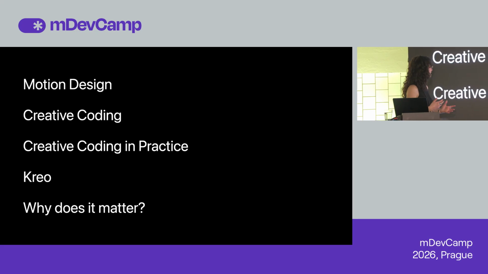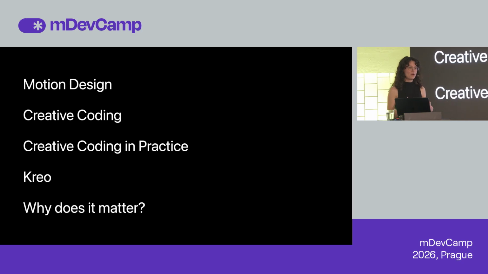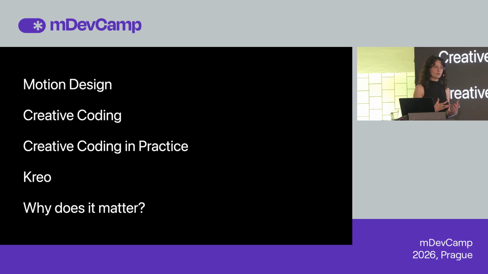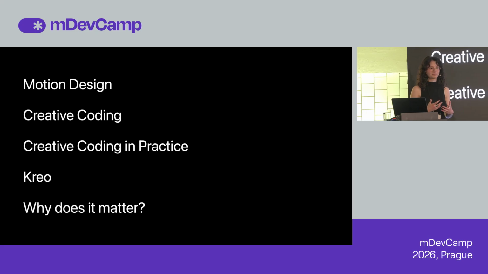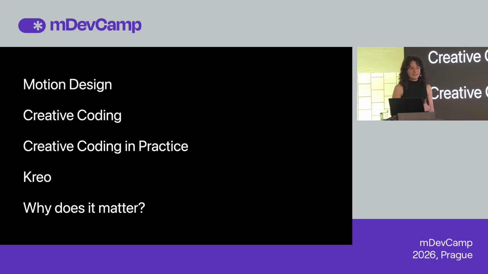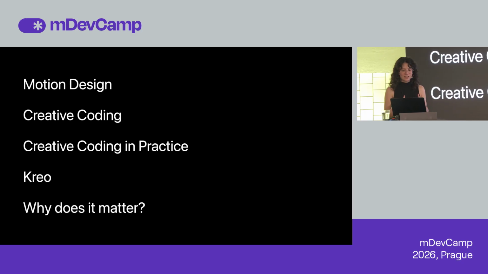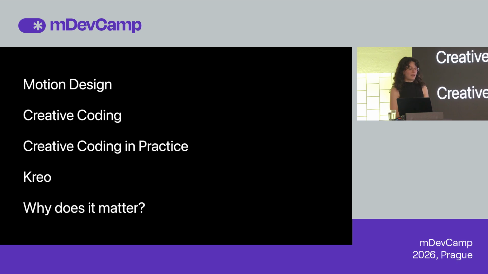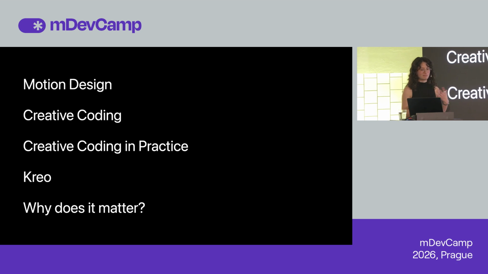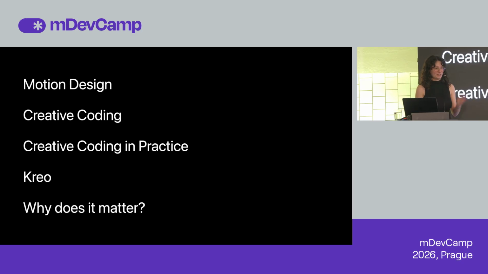Then creative coding in practice, how it works when you actually want to build something. And how all of this exploration eventually came together and made me wanna build an app. So it's a journey, a mix of concept, visuals. I hope you enjoy it.